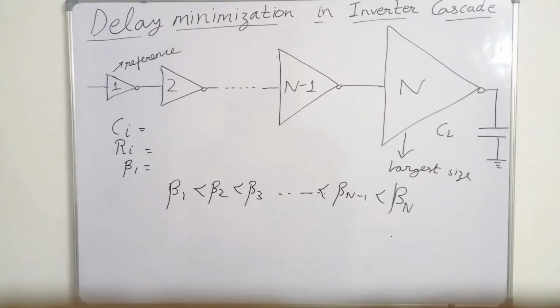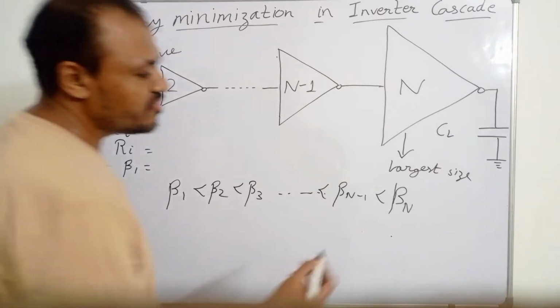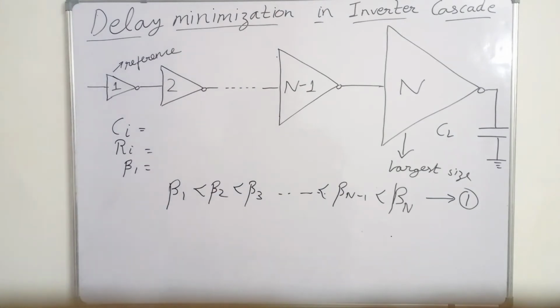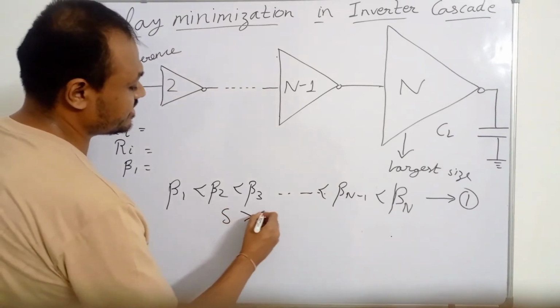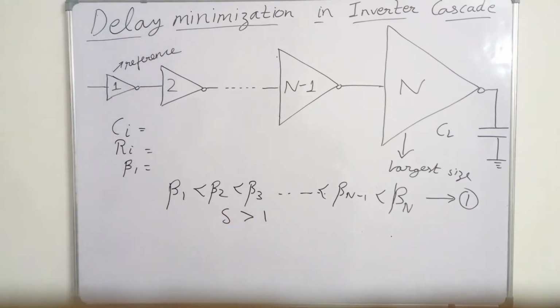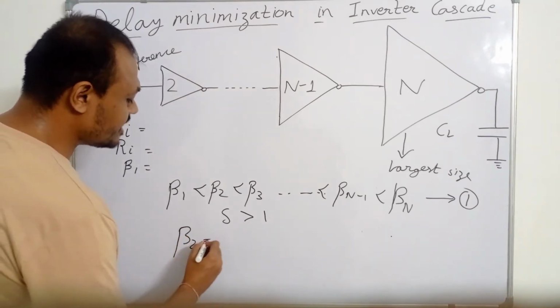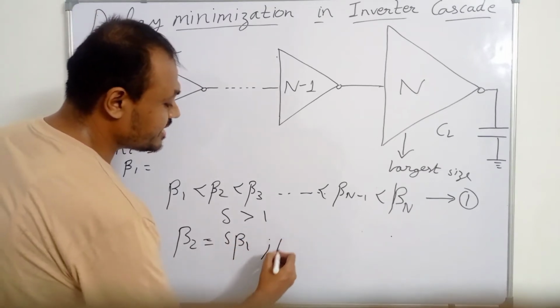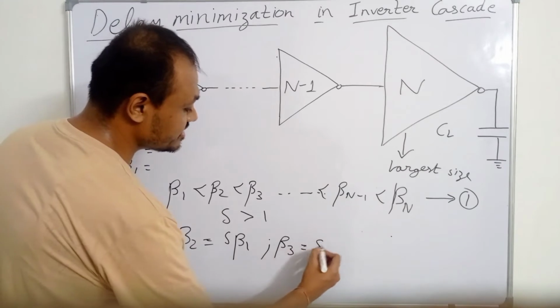We can name this as equation 1. For obtaining this scaling, we increase the size of the transistors by a factor s, where s is greater than 1. So beta 2 will be equal to s beta 1, then beta 3 will be equal to s beta 2.